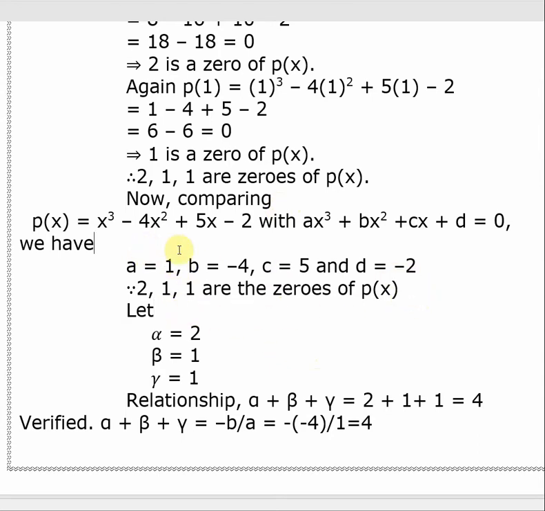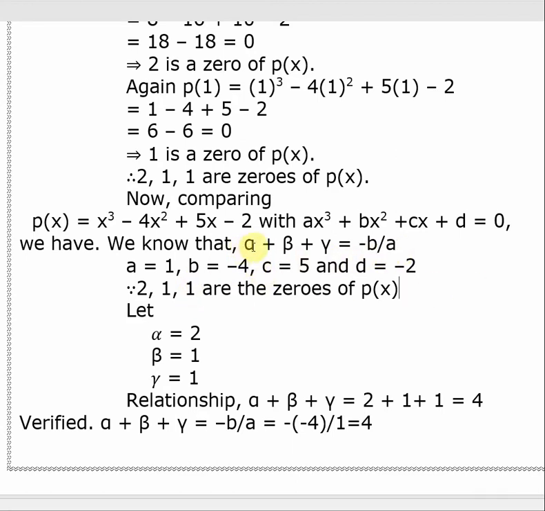Let me write the equation over here. This is the relationship. Now we will check this here.